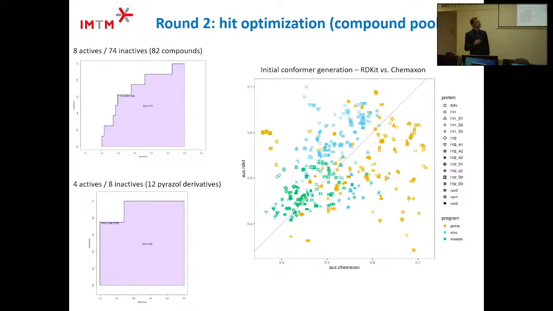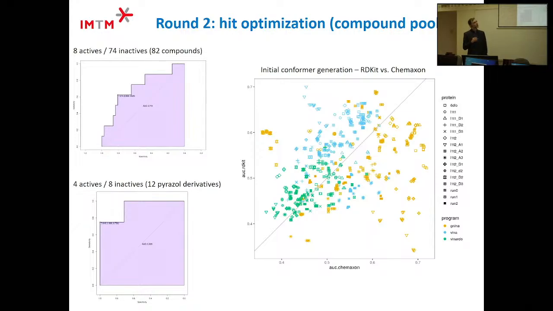And it was quite interesting to discover that, for example, Vinardo couldn't well separate those molecules which were identified on the first stage. So these green dots mean that AUC values here are 0.5, here 0.5. So almost in all cases, they were below random.